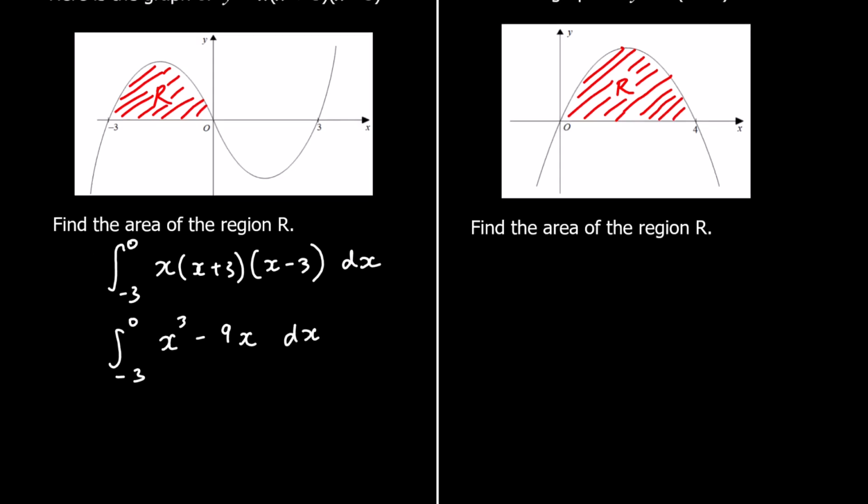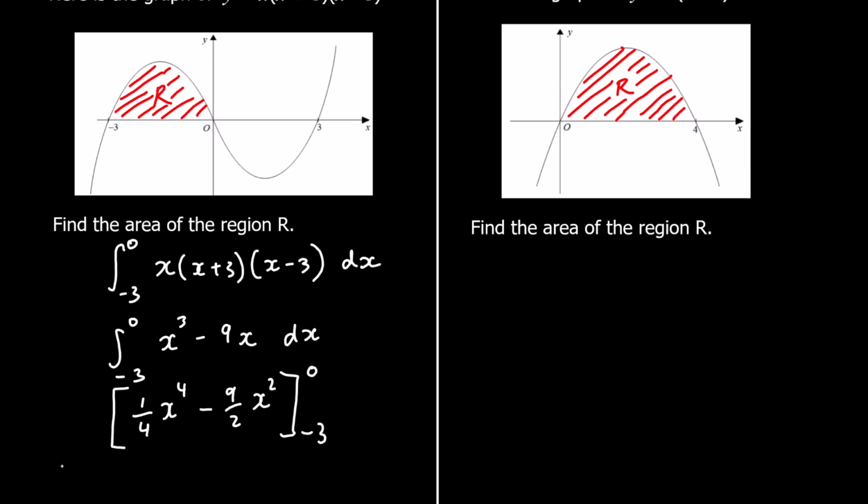So now we can integrate, add 1 to the power, divide by the new power. So we've got a quarter x to the power of 4 minus 9 over 2 x squared. And we've got the two limits, 0 and -3. So we can substitute in 0 and substitute in -3.